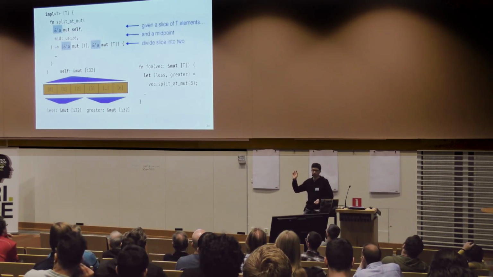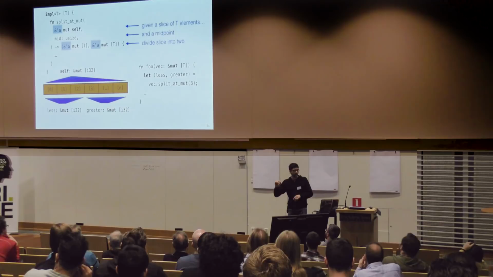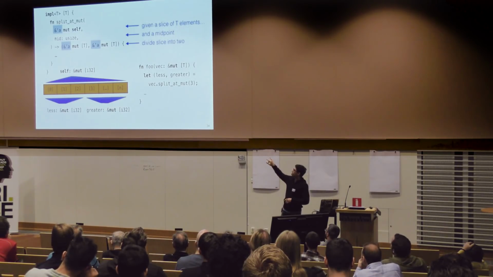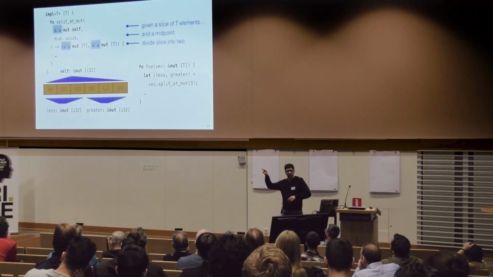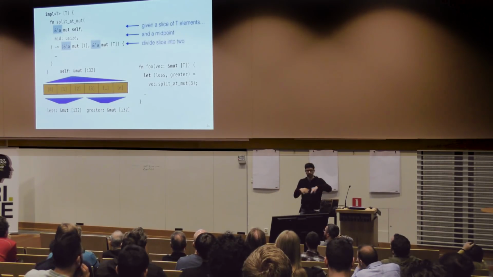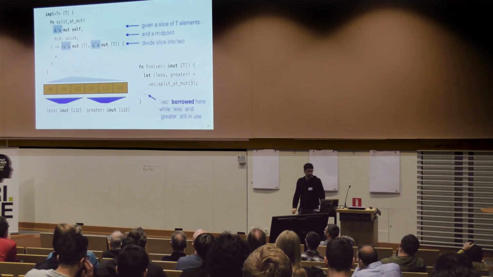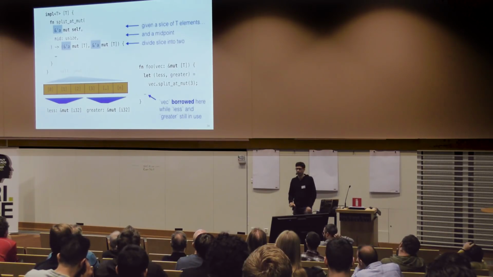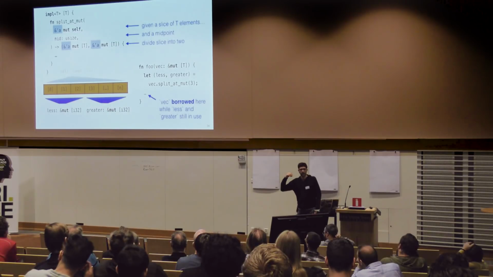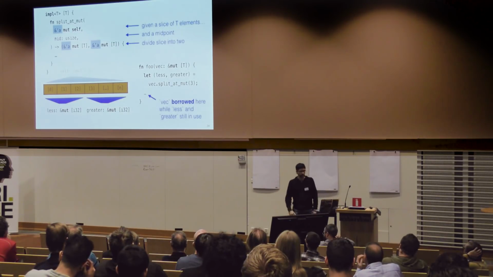We have defaulting rules that would cover this case, but to make it clearer, I wrote them in. So what it's saying is, these two slices that I return were borrowed from the input slice. They alias, they share the same memory as the input slice. So that means while you have access to those two slices, you have to consider the input slice to be borrowed. So while we're using less and greater in this code, we can't use the original vec. Once we're done, we can use it again.